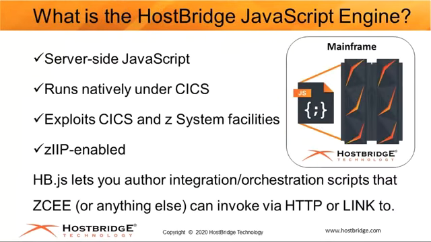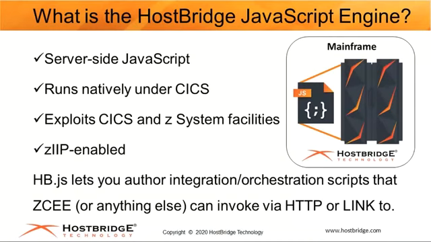I don't want to belabor the point of the JavaScript engine, but I do just need to say a few things just to clarify. Usually in this part of the presentation, someone might ask a question, now where does it run? So I want to be painfully clear that our automation engine, which we call HBJS, runs natively under CICS. It's on your mainframe. It exploits CICS and Z, and it's zIIP enabled.